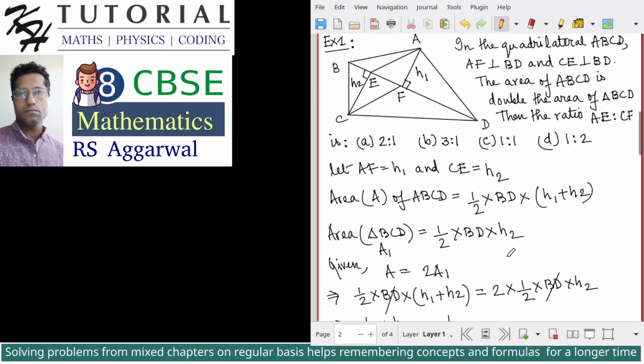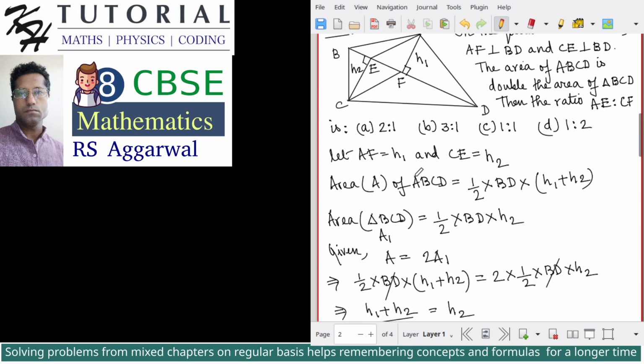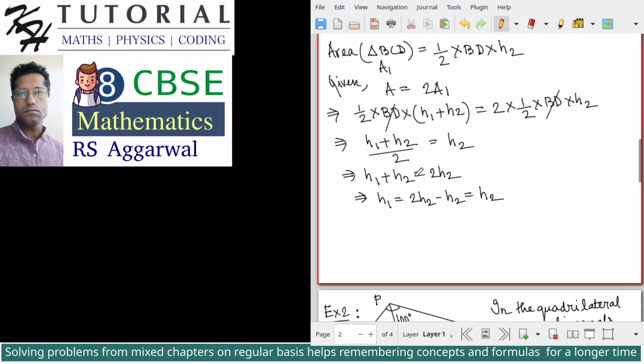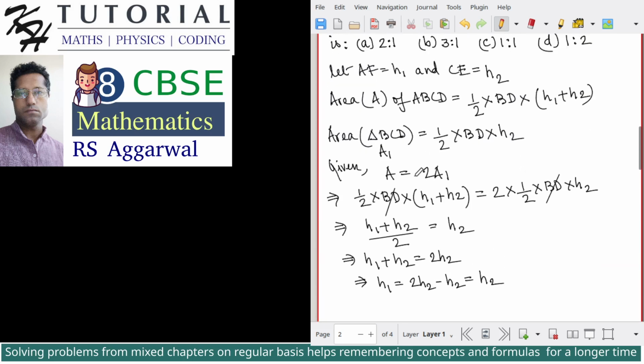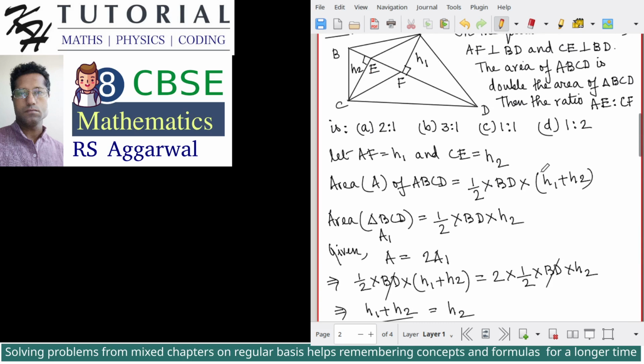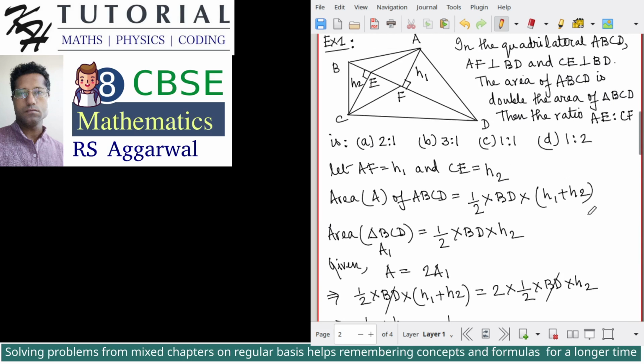But how are the line segments AE and CF related to the line segments CE and AF? As you can see, AECF is a quadrilateral. Please note that CE is perpendicular to BD, and we have AF is perpendicular to BD.